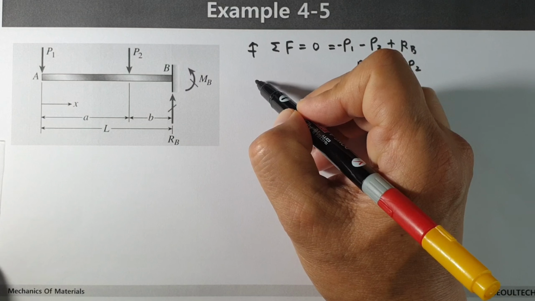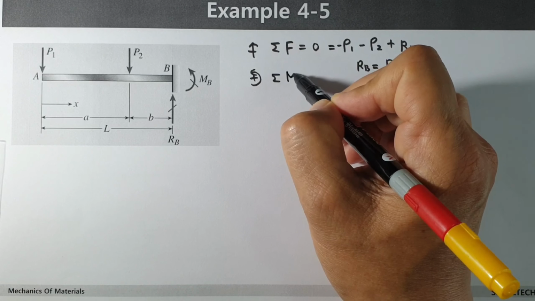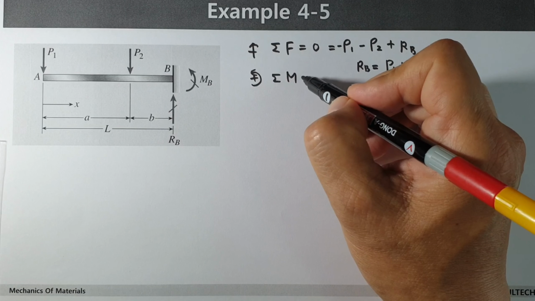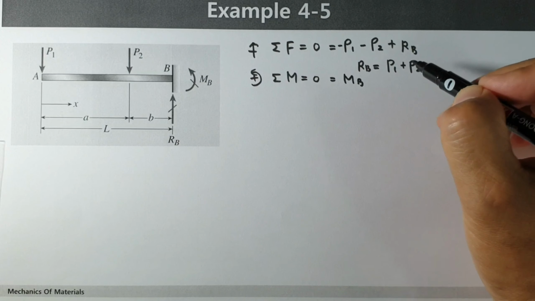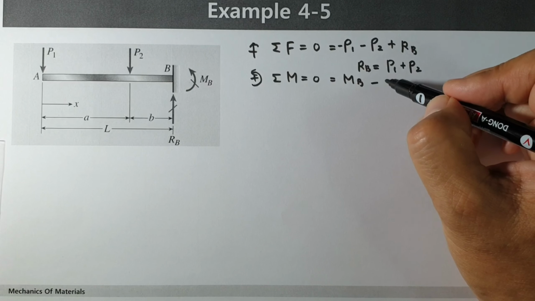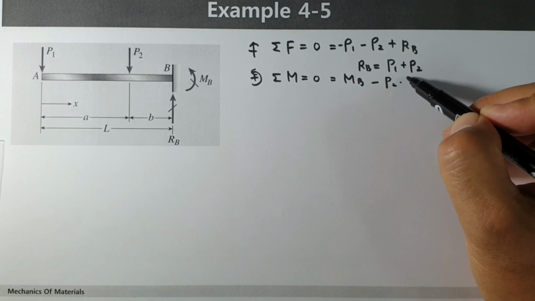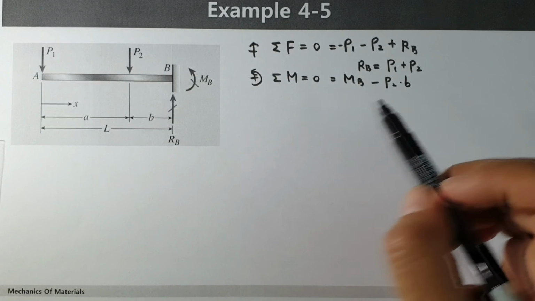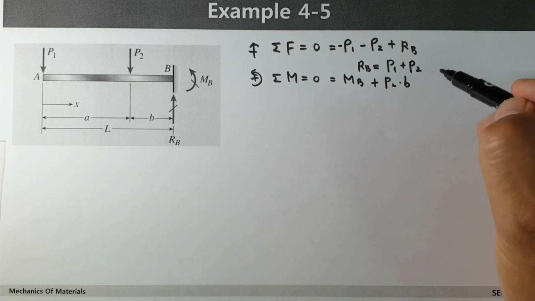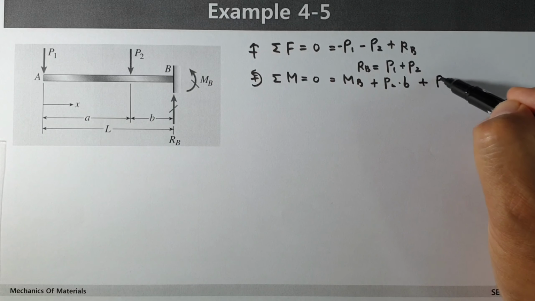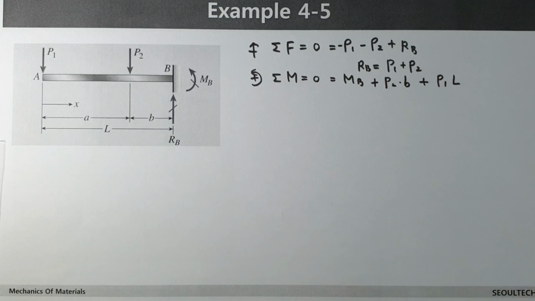Okay, next, we can say this one is positive, then moment about point B equals 0. Then MB, firstly this one, and minus P2 times distance, this distance is b, not minus, it is positive because counterclockwise direction is positive, and P1, and this distance is L, where L equals a plus b.